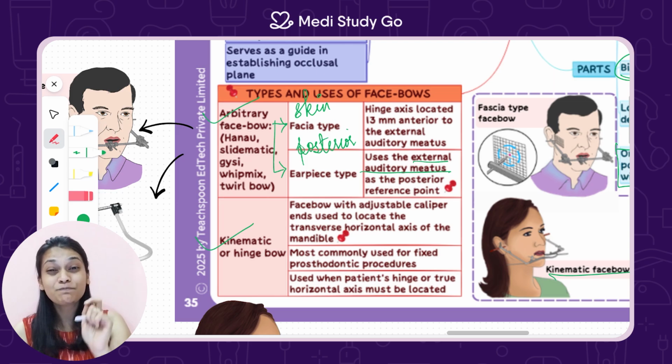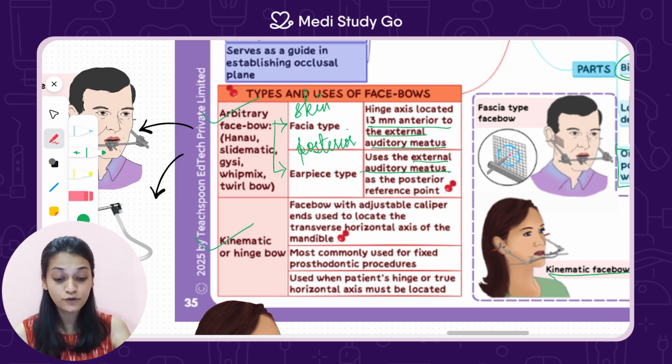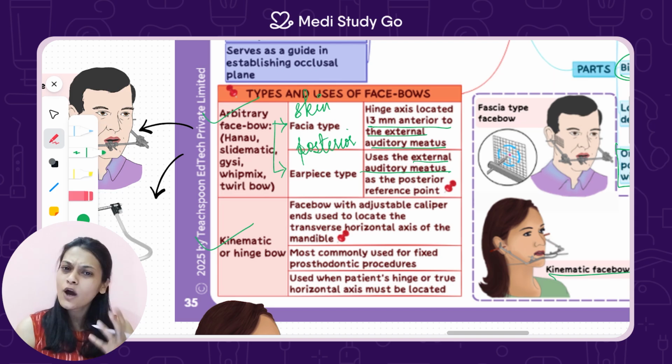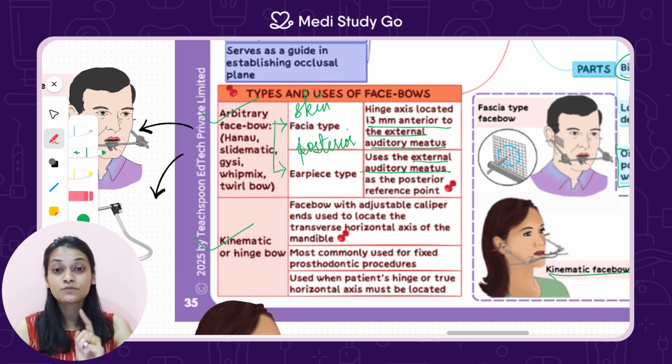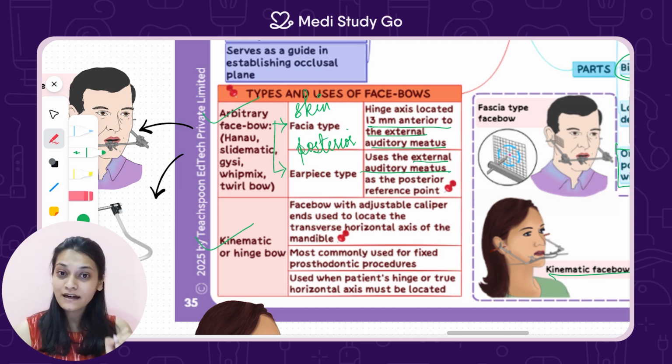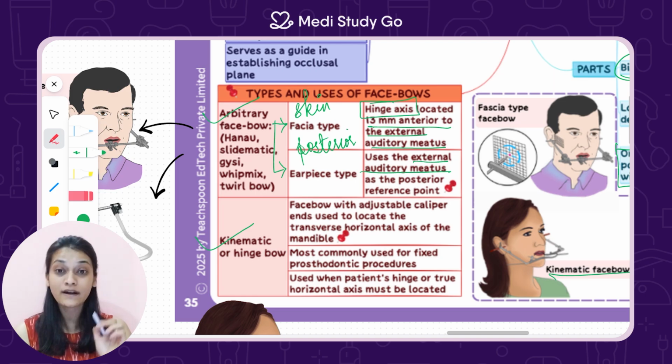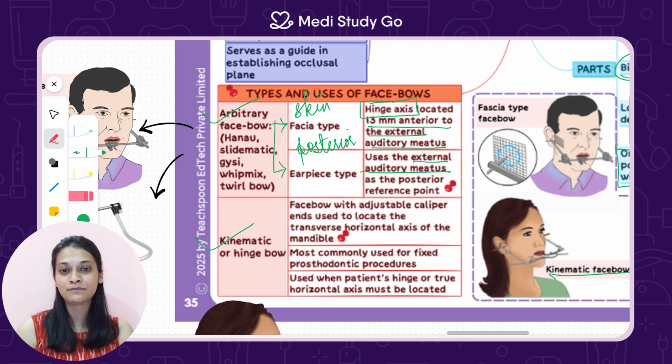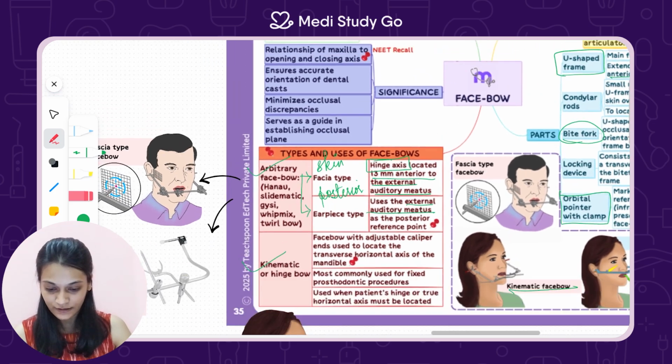So I will specify it by saying it is 13 mm anterior to the external auditory meatus. Why this point? It was because of the research that was conducted, and it was concluded that it is the fascia type that gives the closest relation to your hinge axis. According to this theory, the hinge axis is located 13 mm ahead of your external auditory meatus.